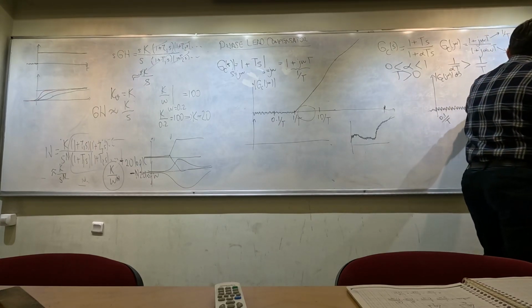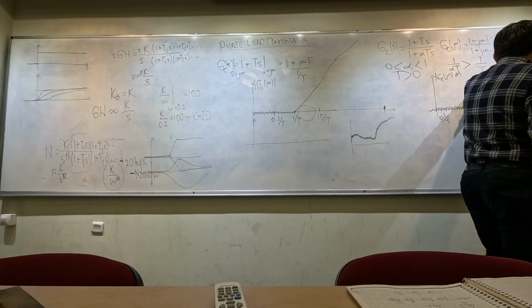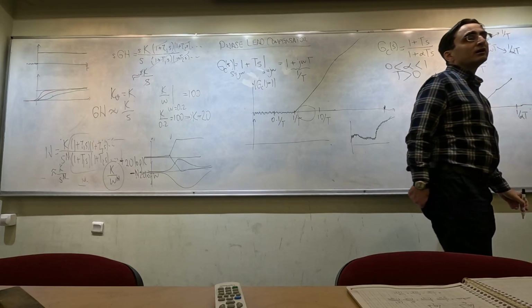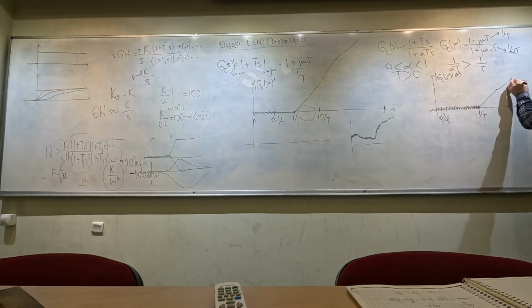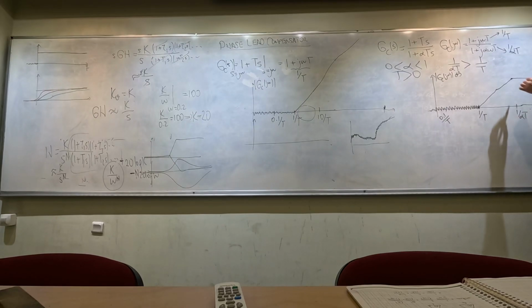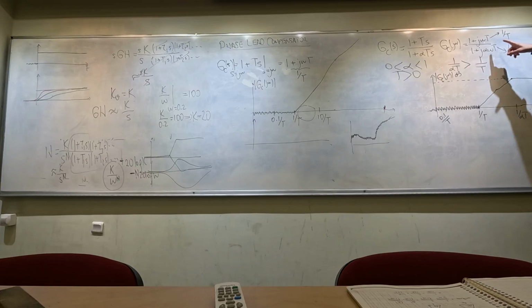We are going to reach this second corner frequency. At that point, how am I going to continue with my asymptotic plot? It is going to be a straight horizontal line, like this. Now, for large frequencies, what is the magnitude here? Let omega go to infinity in that transfer function. What is the magnitude?